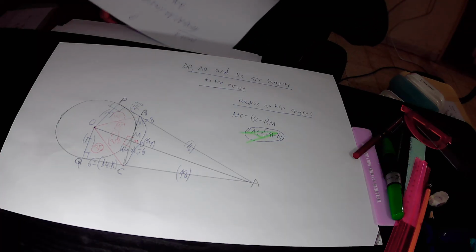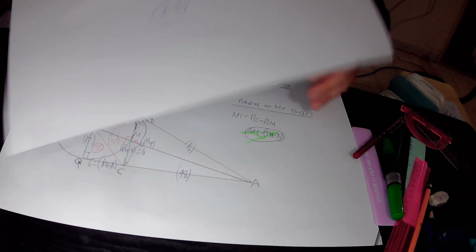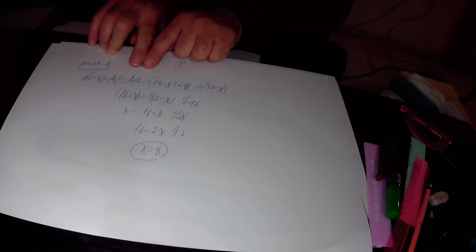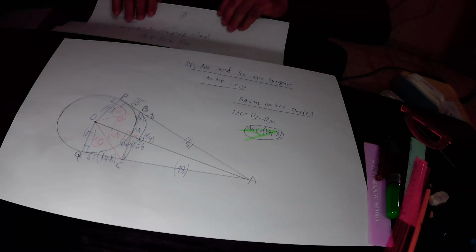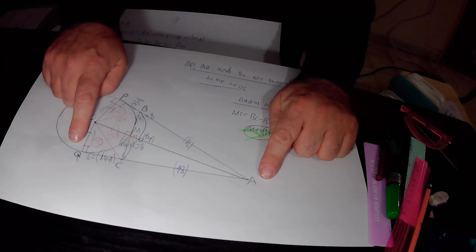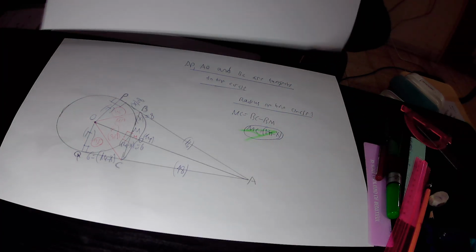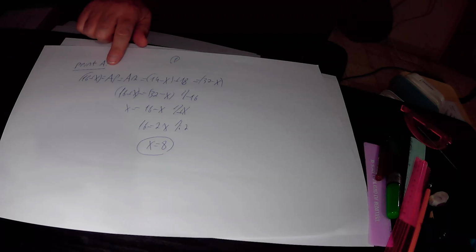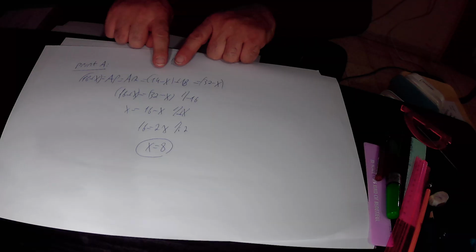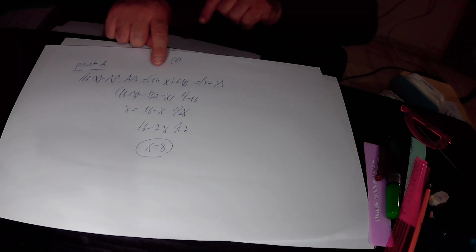So according to rule 2, tangent AP equals tangent AQ. AP equals 16 plus x, and AQ equals 14 minus x plus 18.